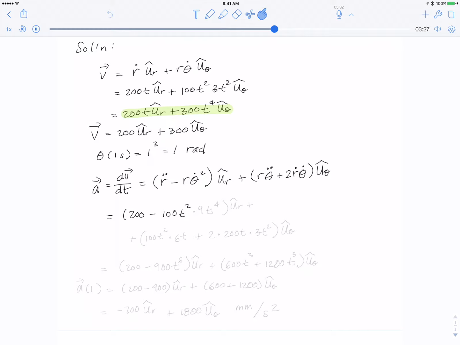Theta dot is 3t squared, so that squared is 9t to the fourth. Okay, I'm going to run out of room, so I'm going to continue on the next line. r is 100t squared. Two derivatives of theta is the derivative of 3t squared, 6t.